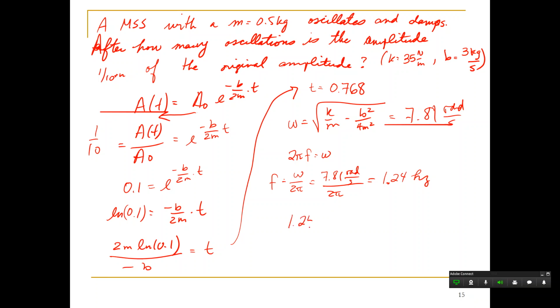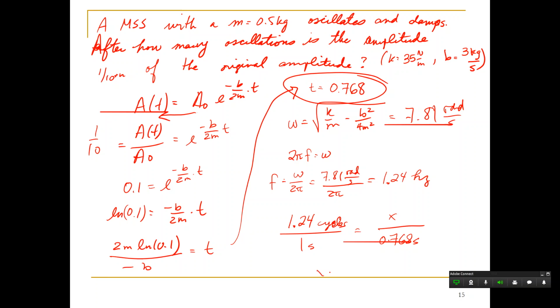So I have 1.24 cycles per 1 second. So how many cycles is that equal for 0.768 seconds? That makes sense what I did there?